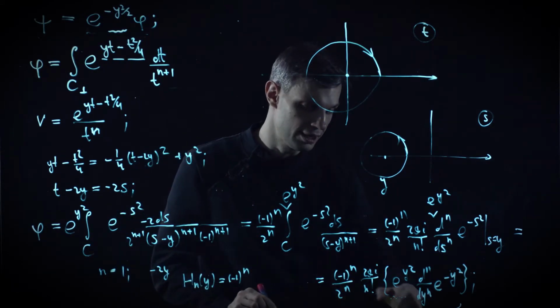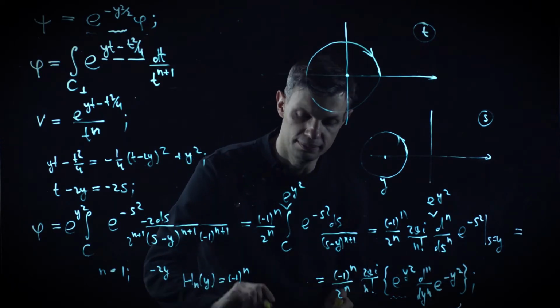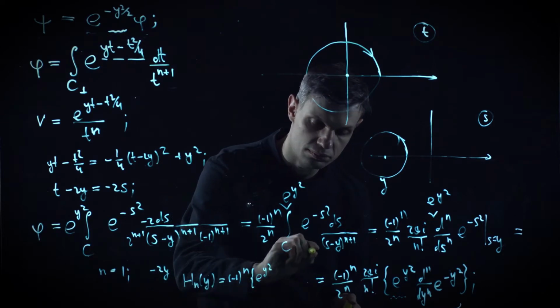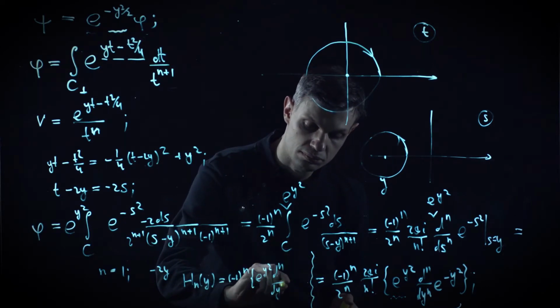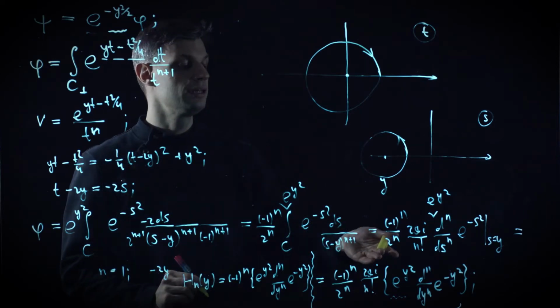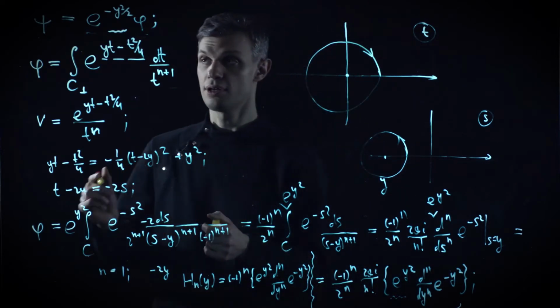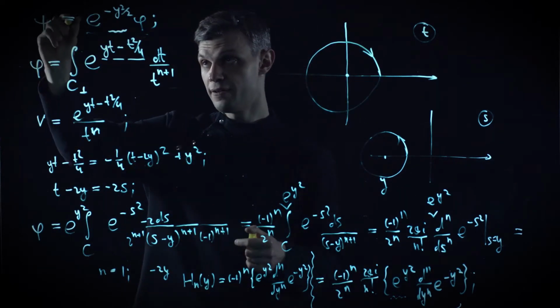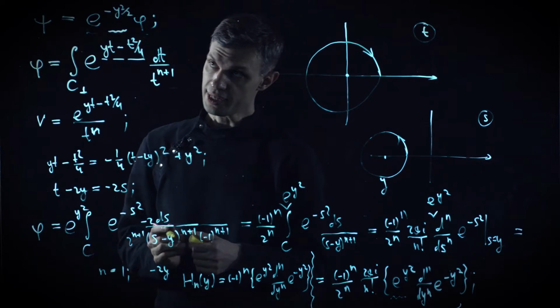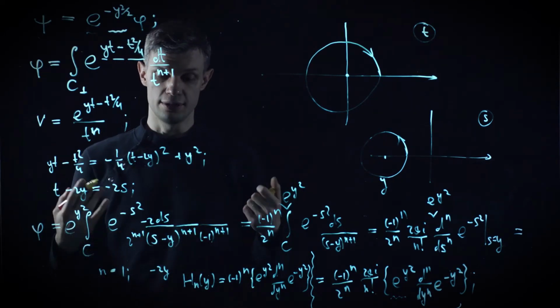It's basically the same kind of expression, but multiplied by negative 1 to n. So for integer n, we get polynomial growth for our phi function. But this is okay, because our initial wave function is multiplied by a decaying exponential function. So finally, we get the bounded solution.